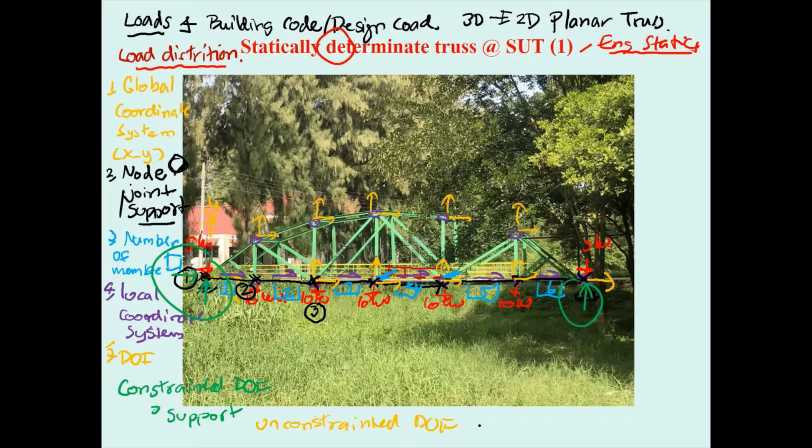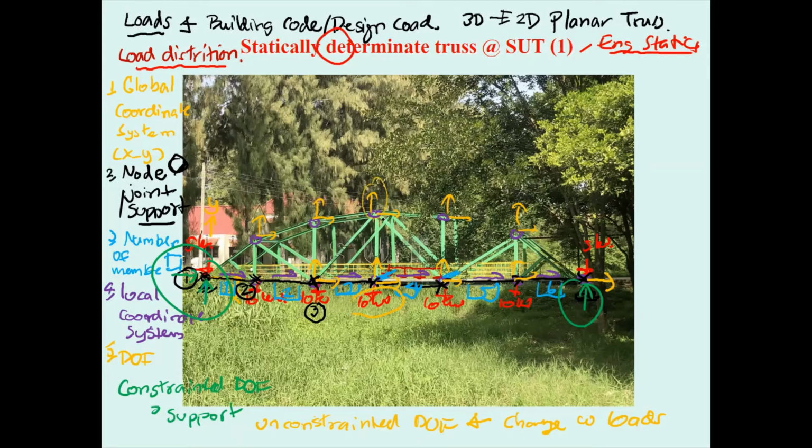The unconstrained degree of freedom will change with what? Change with the load. Okay, when the load is large, this kind of yellow degree of freedom will change with the large load, such as changing from 10 kilonewton to 20 kilonewton.